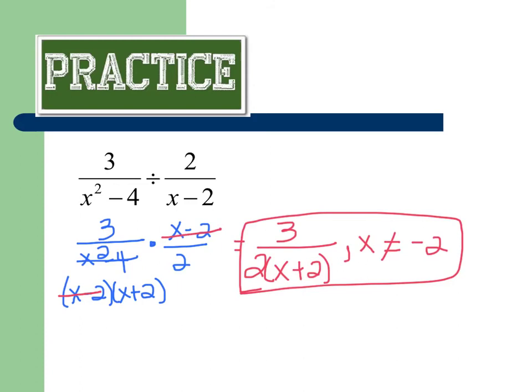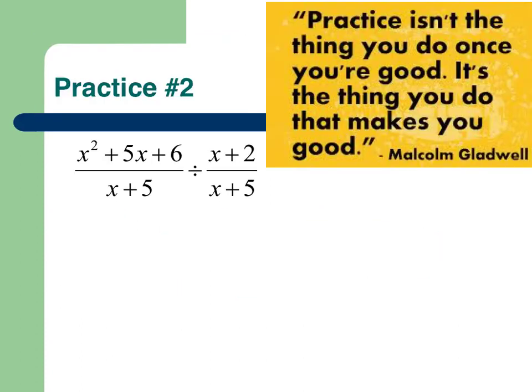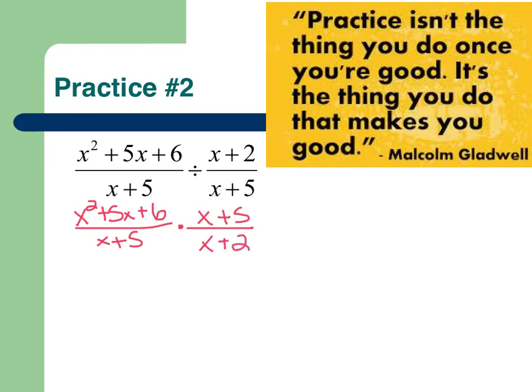Right? So now let's look at the next problem. Again, you're welcome to practice on your own. Pause the video. When you have the answer, you can restart the video and check and see if you have the right answer. So first thing I'm going to do is drop, switch, flip. Alright, so now I'm going to factor.